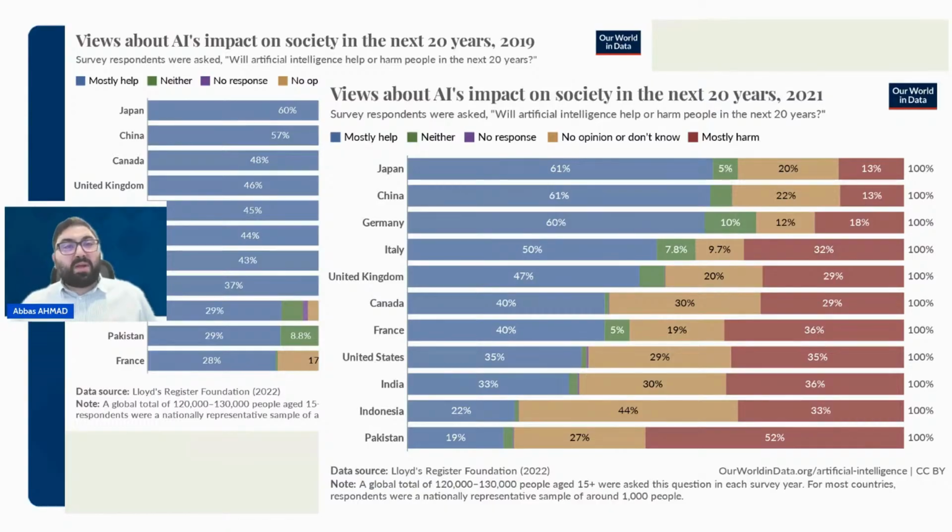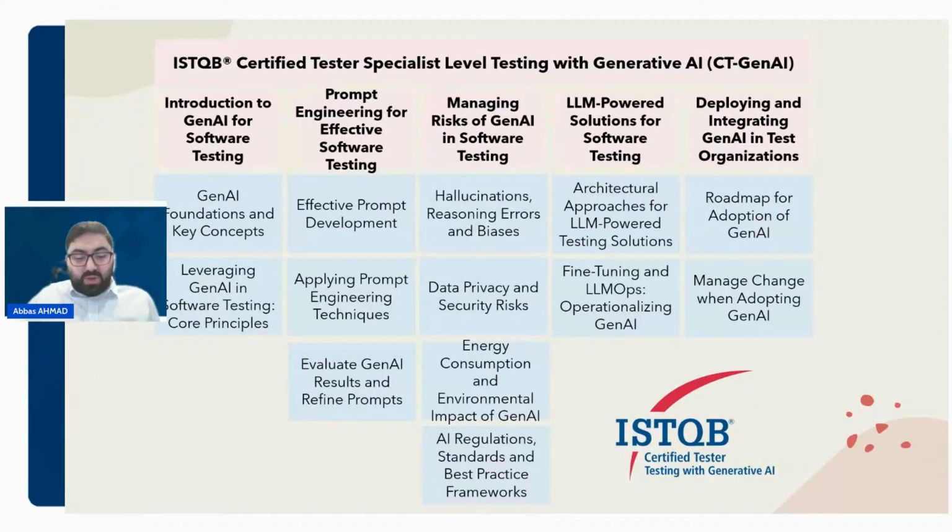But globally, we see people seeing the advantages, seeing that AI will help, and this is no different in the jobs of software testing. Artificial intelligence, and more particularly generative artificial intelligence, is seen as a big advantage and will mostly help in our day-to-day life. So that's why we introduced this new syllabus.